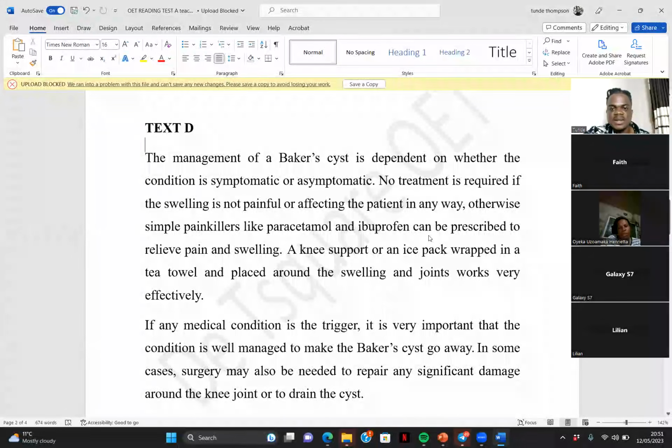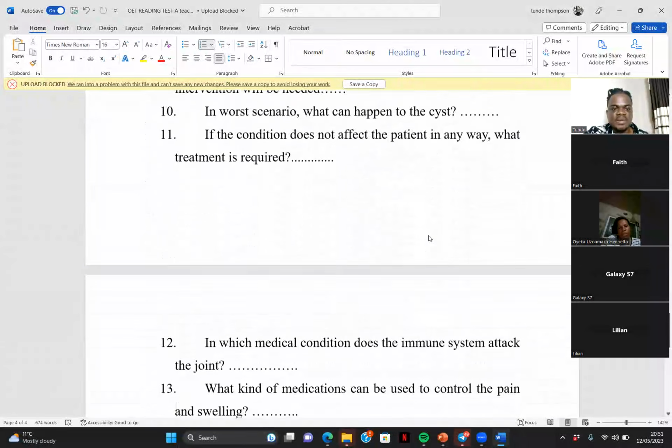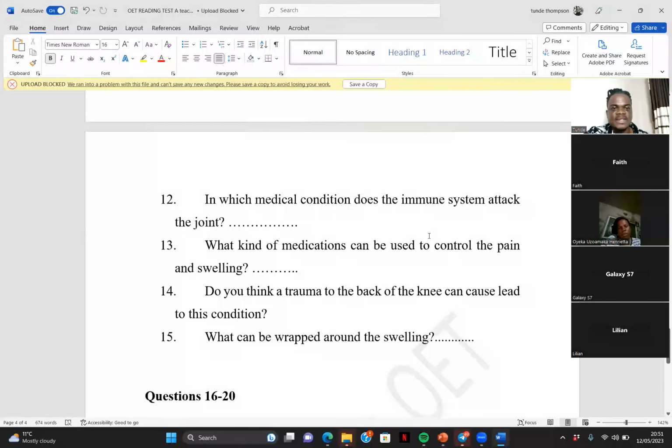All right. The next question will now be question number 12. In which medical condition does the immune system attack the joint? Where do you think this answer might be coming from?